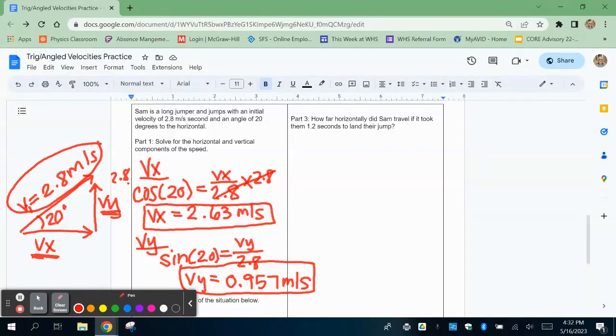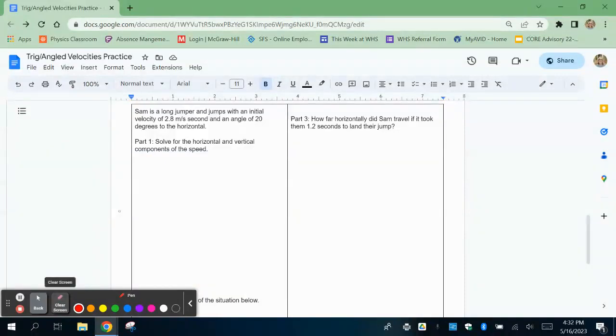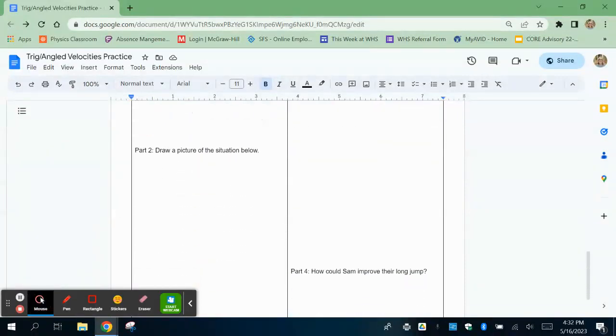Awesome. So now we need to draw a picture of what is happening in this problem for part 2. So when we go down here, we're going to draw a picture. We have Sam, and she's jumping at an angle and landing some distance away.